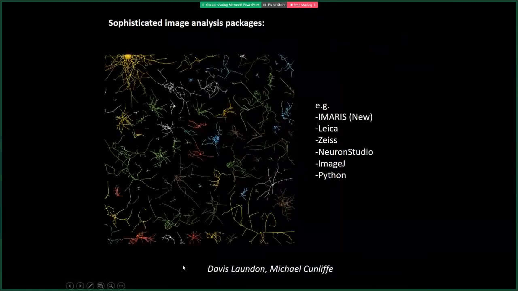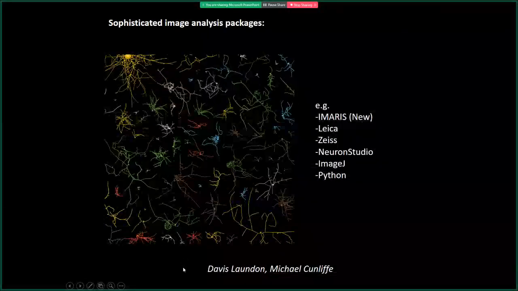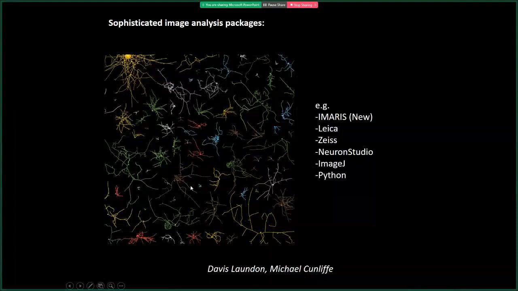And we can use sophisticated image analysis packages, of which we have several types. I'm just showing you an example here, again from the kind of imaging that I showed you in the previous video. Again, this is by Davis and Michael Cunliffe, and they've used a rather complex image analysis protocol to identify the different patterns of spore development, again in a chytrid fungus.